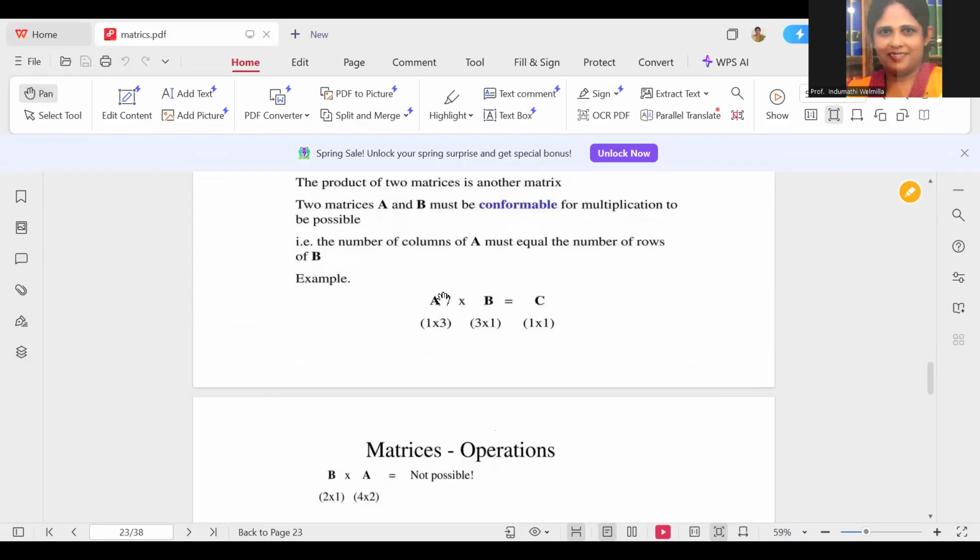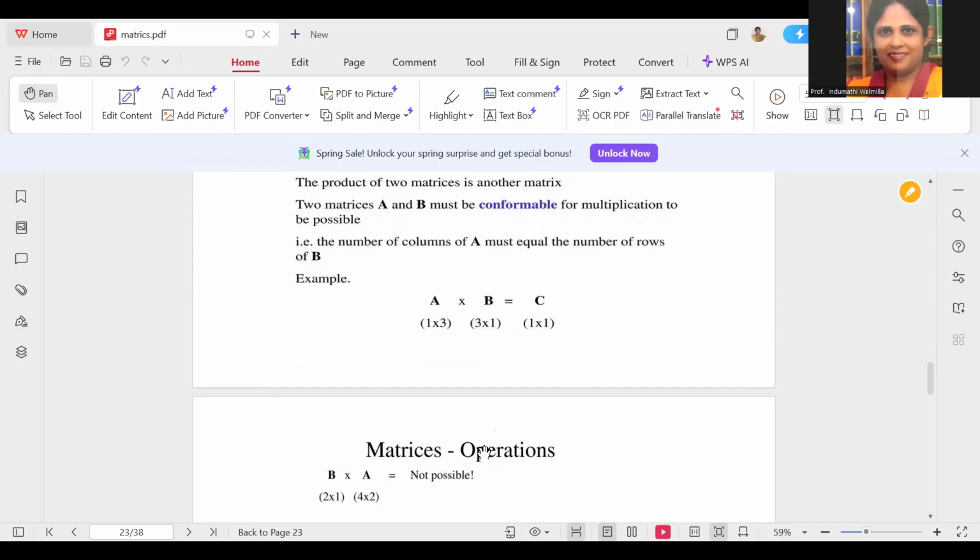After we multiply, our final answer matrix size is determined like this: the number of rows of the first matrix and the number of columns of the second matrix give the size of the answer matrix.